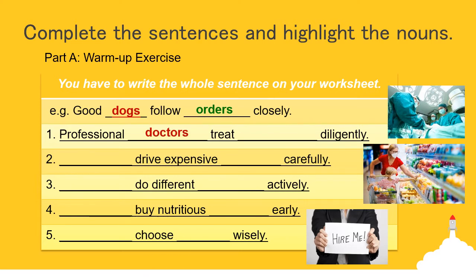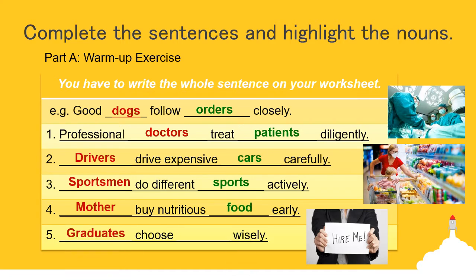So start from number one. Professional doctors treat patients diligently. Number two, drivers drive expensive cars carefully. Number three, sportsmen do different sports actively. Number four, mother buy nutritious food early.